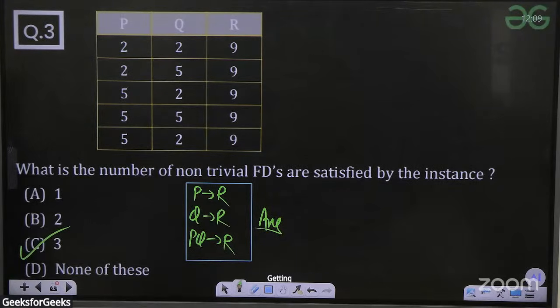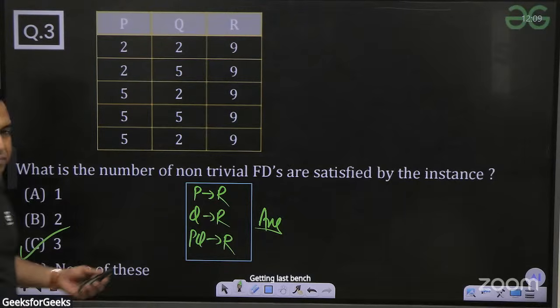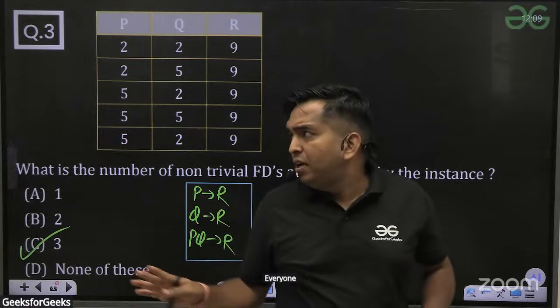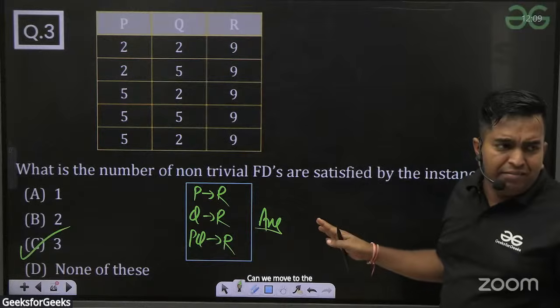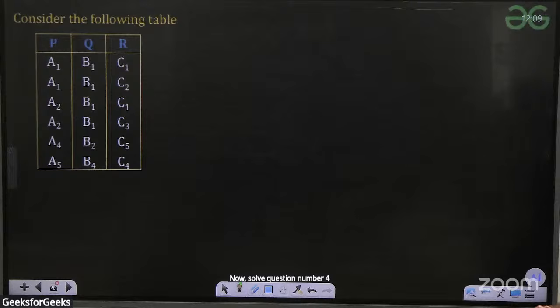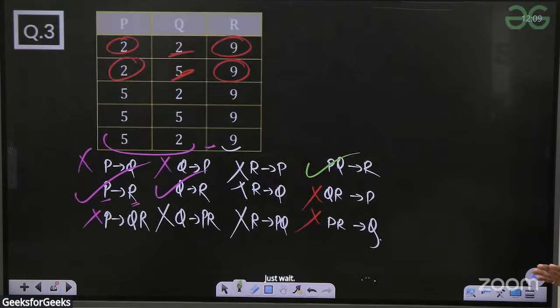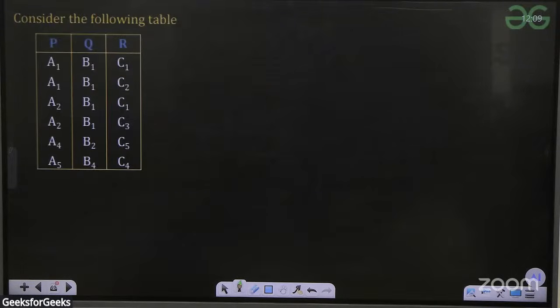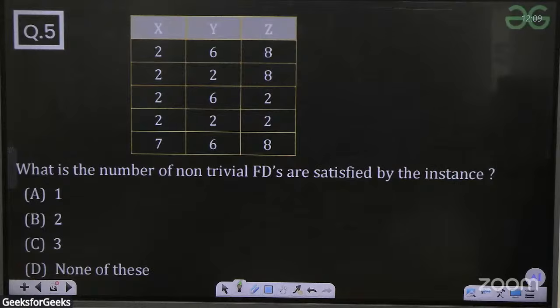Last bench, everyone clear? Can we move to the next question? Now solve question number 4. Just wait, this one. Solve question number 5 first.